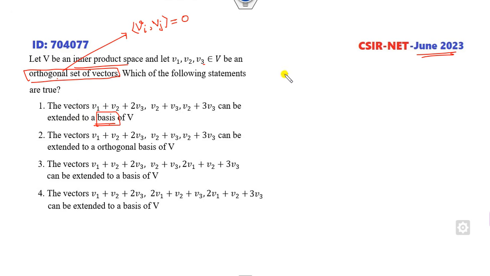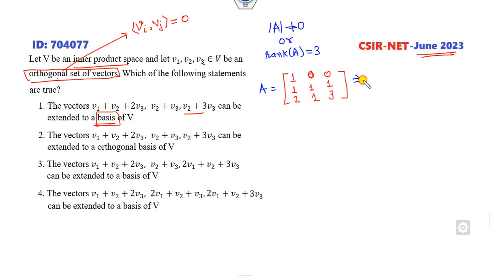So for a basis, you need linear independence. Write the matrix with V1, V2, V3. How do you prove this matrix is linearly independent? Either you prove the rank of this matrix is 3, or you prove the determinant is non-zero.